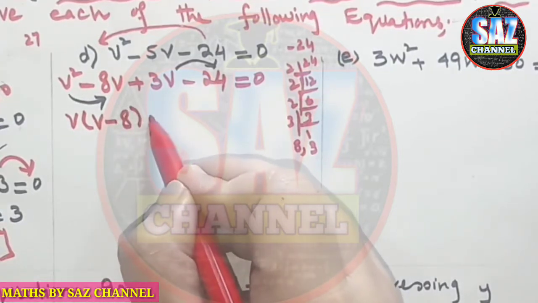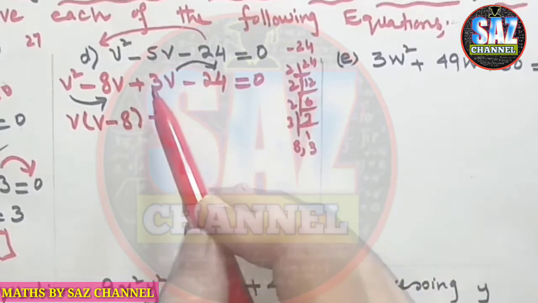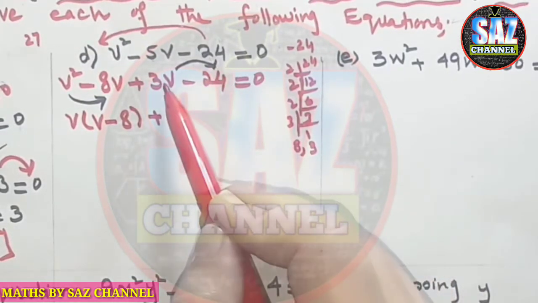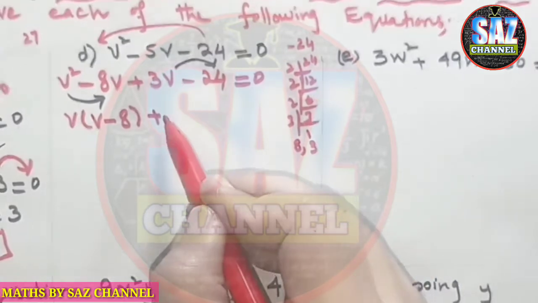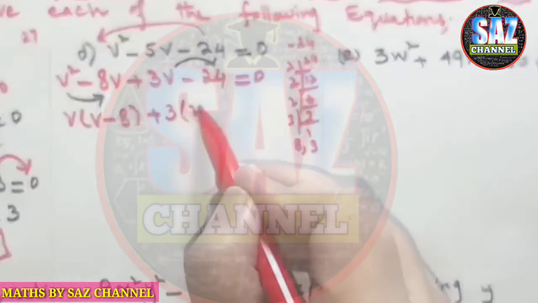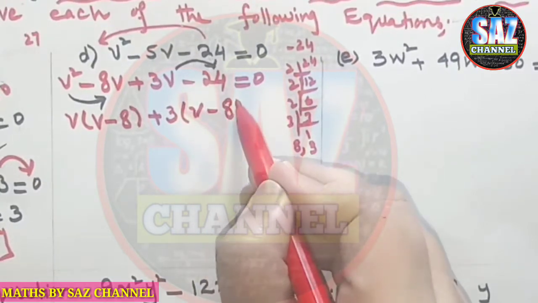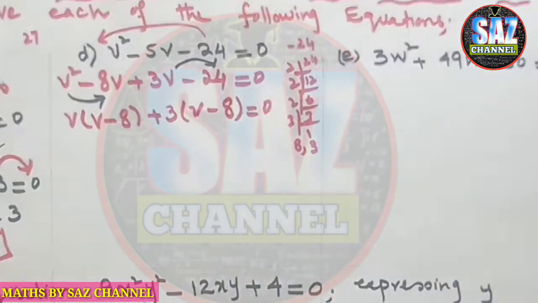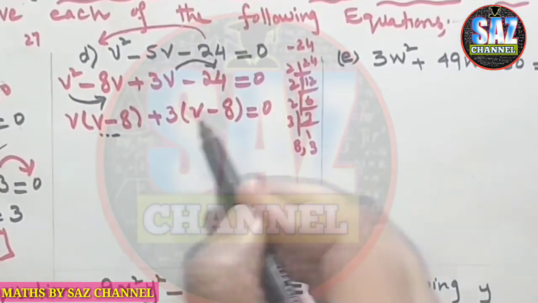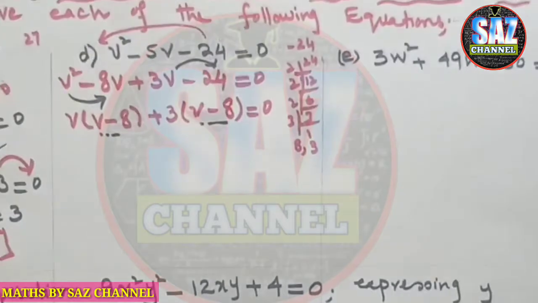Coming to the second group, I can see 3v minus 24. For 24, the table of 3 is suitable 8 times. So I will extract 3 out, and inside the bracket I will have v minus 8 equals 0. Again, look carefully that this v minus 8 is the common group.